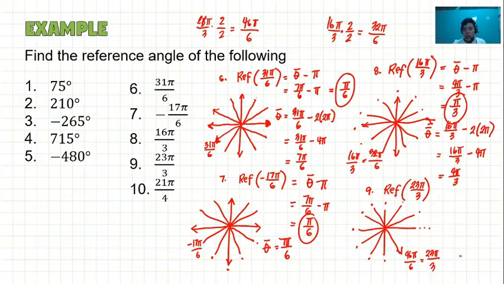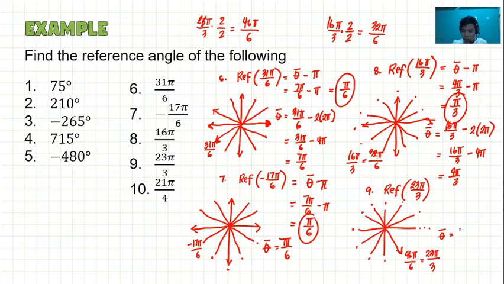Okay, so our angle is located at quadrant 4. So we need to know first the angle coterminal with this angle. So we have theta bar. So 23 pi over 3 is more than 3 revolutions. So we will subtract 3 revolutions here.